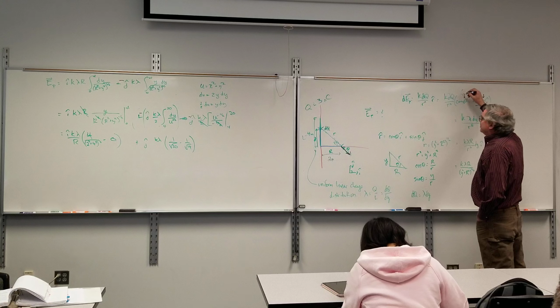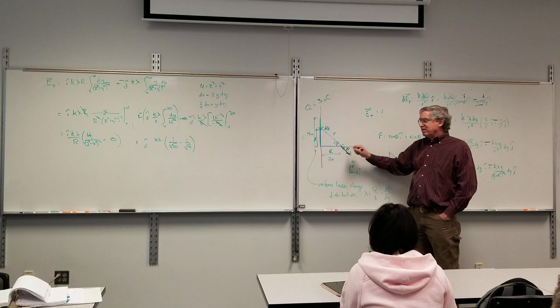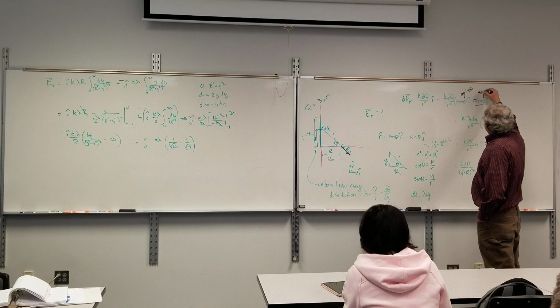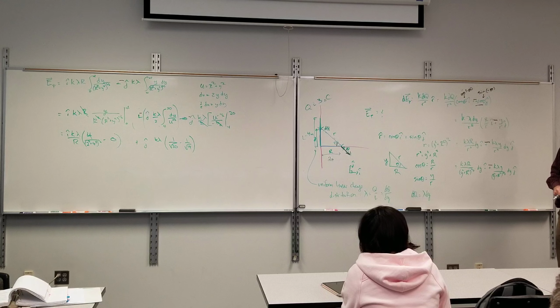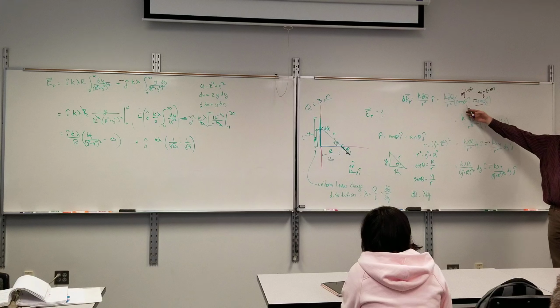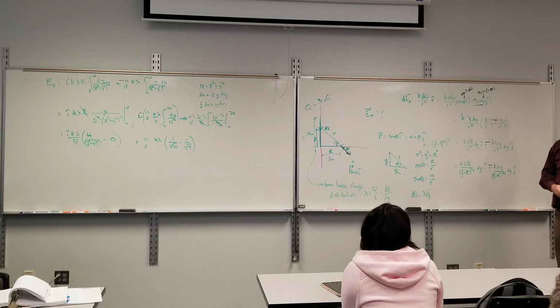It would be that actually, if that's theta right there, this angle right here would be negative theta. So technically it's cosine of negative theta and sine of negative theta. Cosine's an even function, so that's the same as cosine of theta. Sine's an odd function, so you get negative sine of theta.